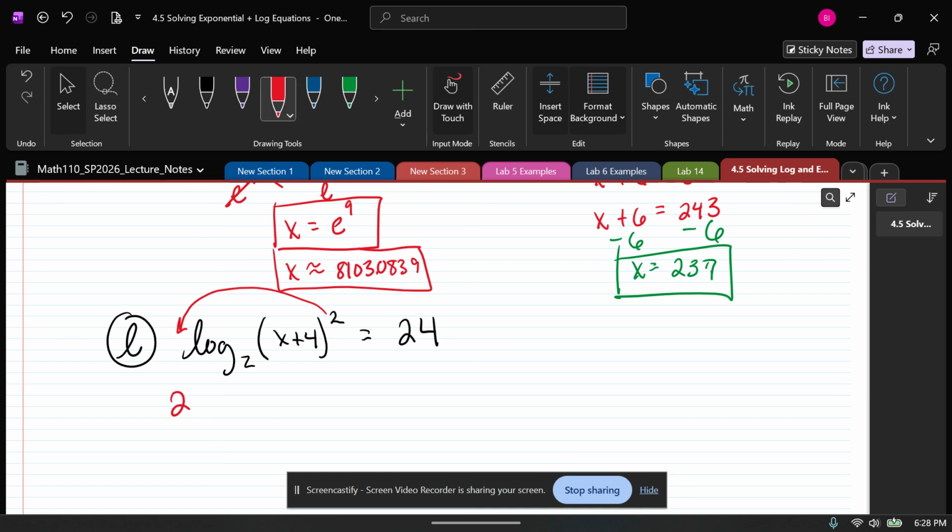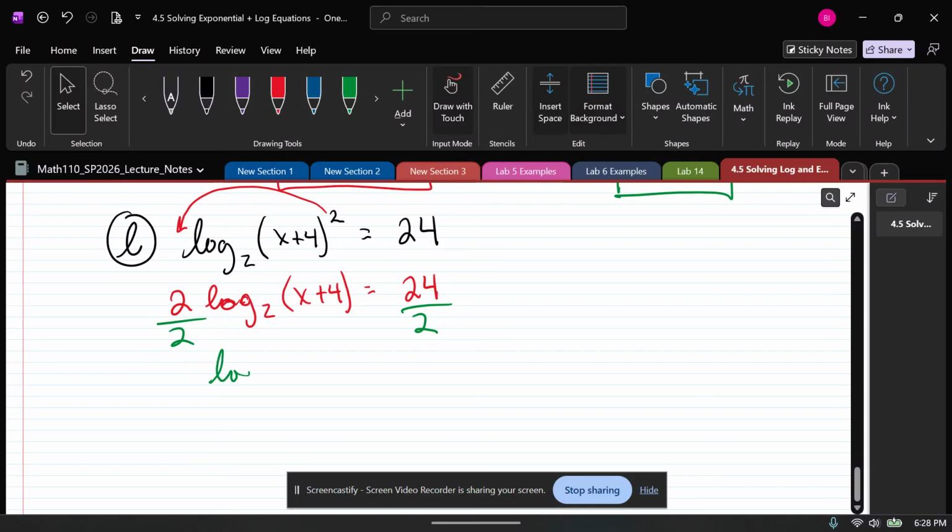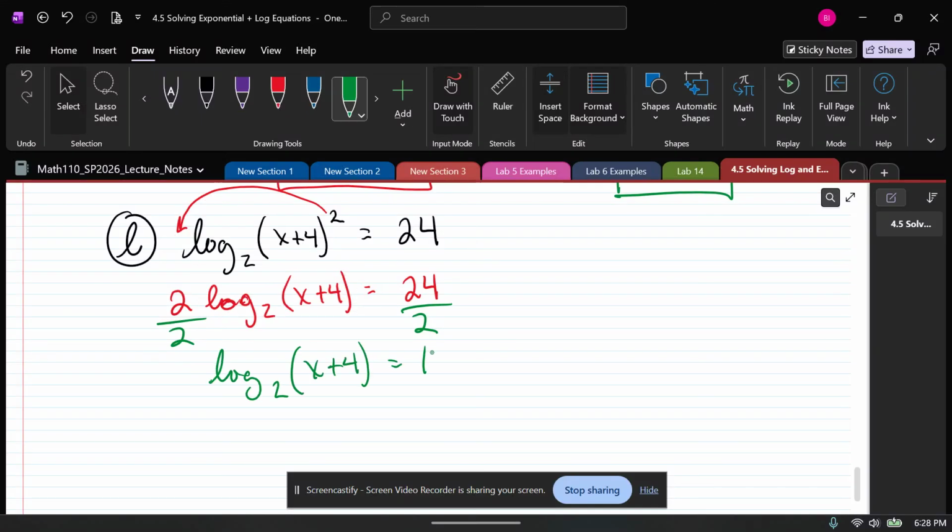So I've got 2 log base 2 of x plus 4 is now equal to 24. So that's using the power rule for logarithms. Then I divide by this 2 to get rid of it. It's going to be a 12.